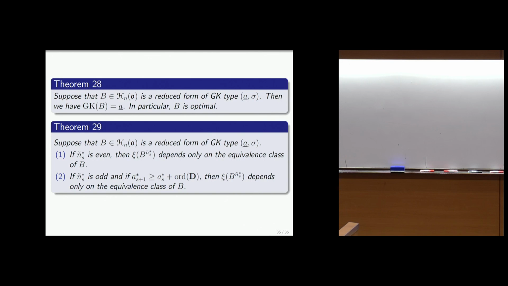A reduced form should be optimal. And suppose that B is a reduced form of GK type (A, σ), and if Ñ*_s is even, then the signature ξ(B^Ñ*_s) depends only on the equivalence class of B.